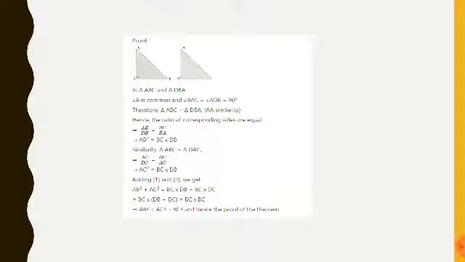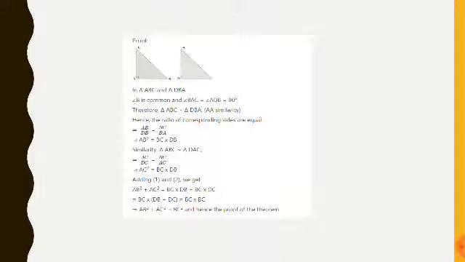In triangle ABC and triangle DBA, angle B is common. First proof, angle B is common, correct. Second is 90 degrees is common. So there are two right angle triangles, angle BAC and angle ADB equal to 90 degrees. Then angle ABC congruent to angle DAB.